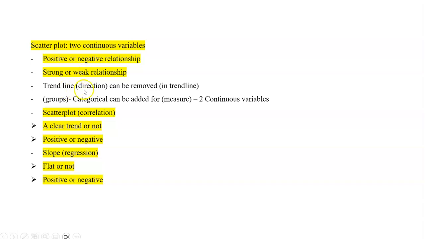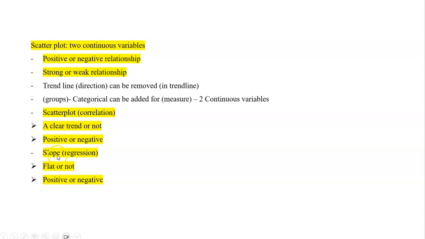And you can draw the trend line, and a categorical variable can be added, but when we talk about the scatter plot, only two continuous variables are used. It is used for correlation and also regression, to see whether there is a clear trend or not, and positive or negative direction.